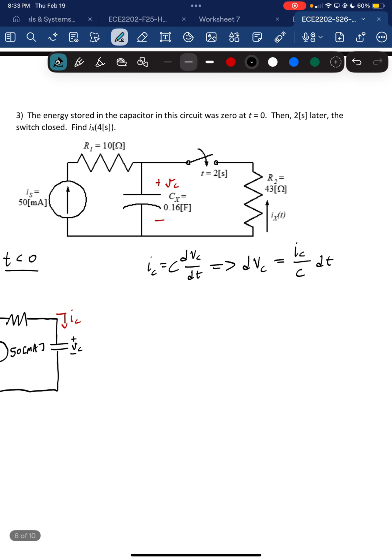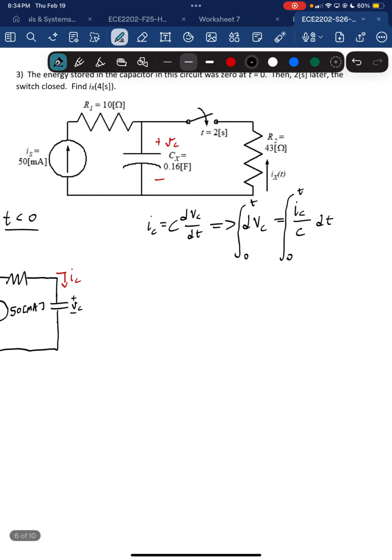And then we are going to integrate this from 0 to t. We're going to integrate, which means we have to integrate this side from 0 to t as well. Because remember, we have to isolate VC, and we're solving for VC of t for t greater than 0.